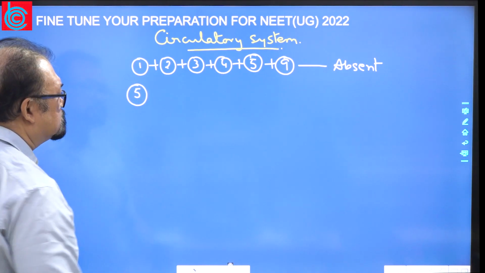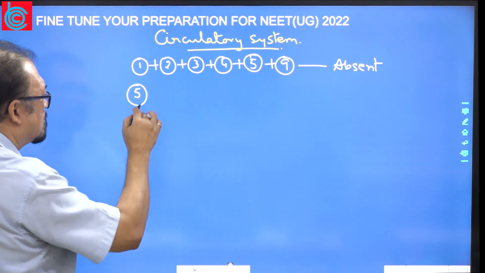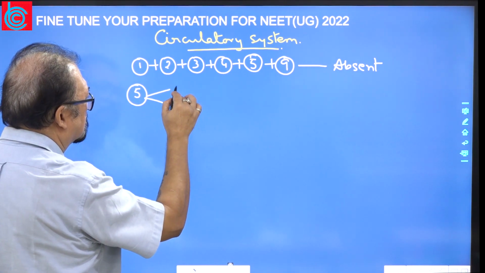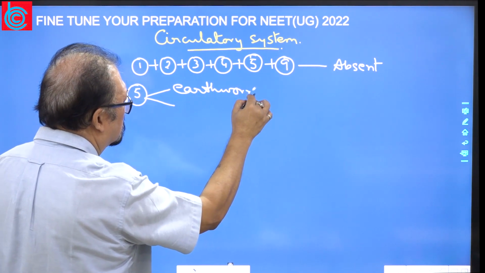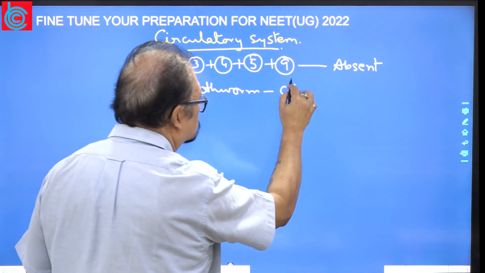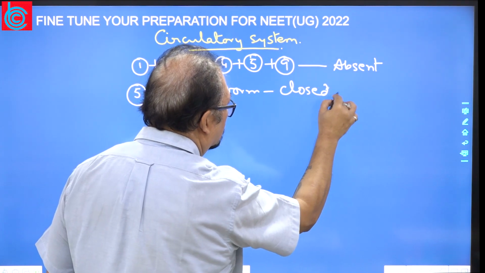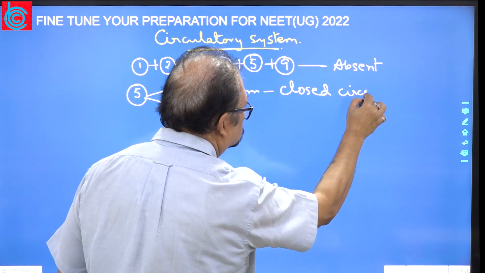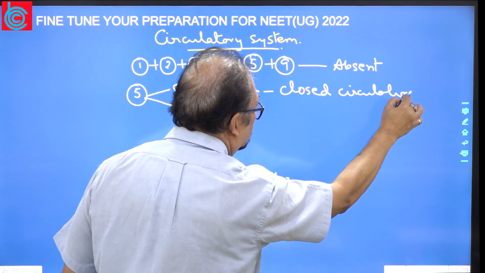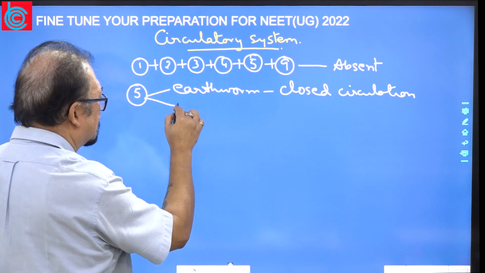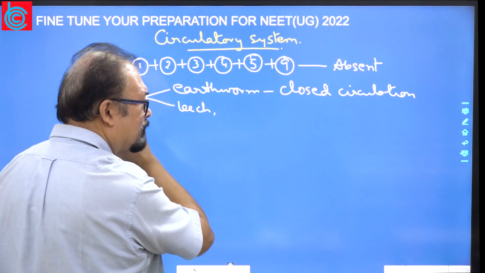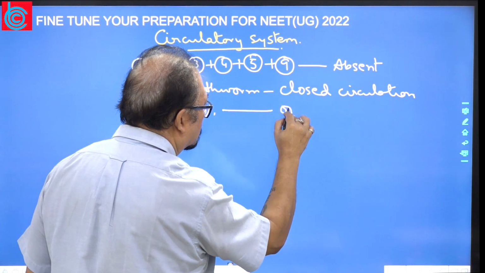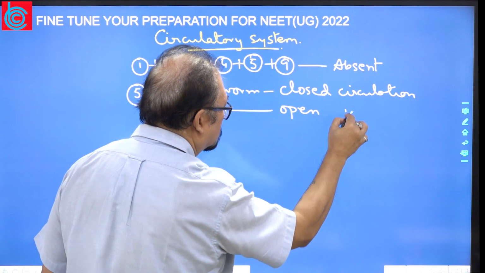Annelida. Earthworm, closed circulation. Leech, open circulation.